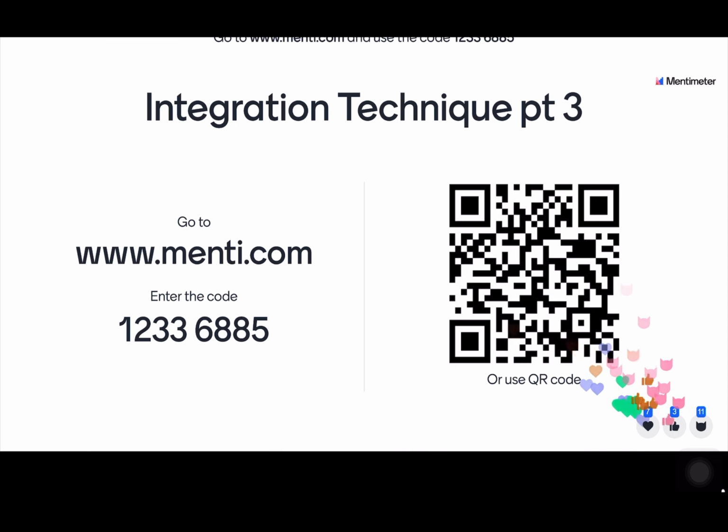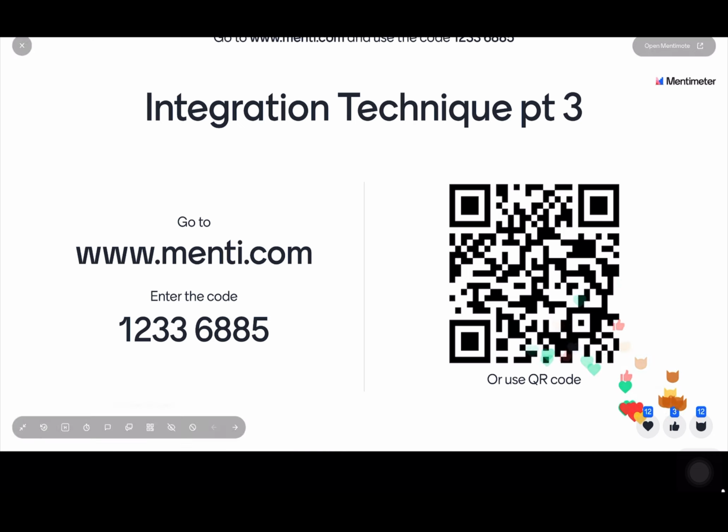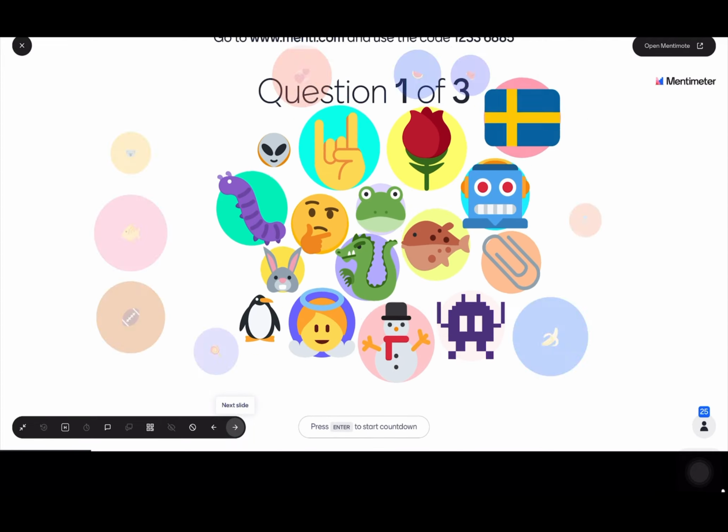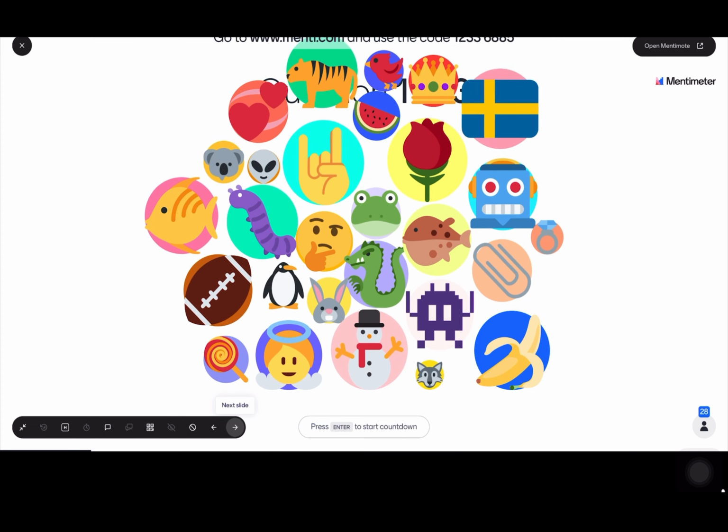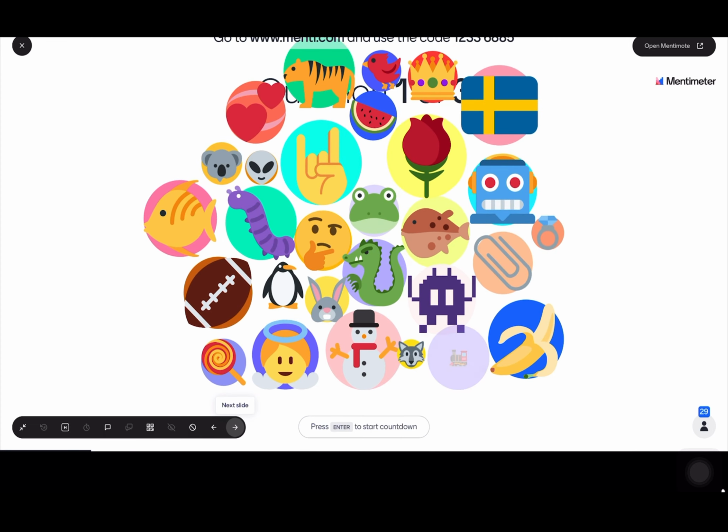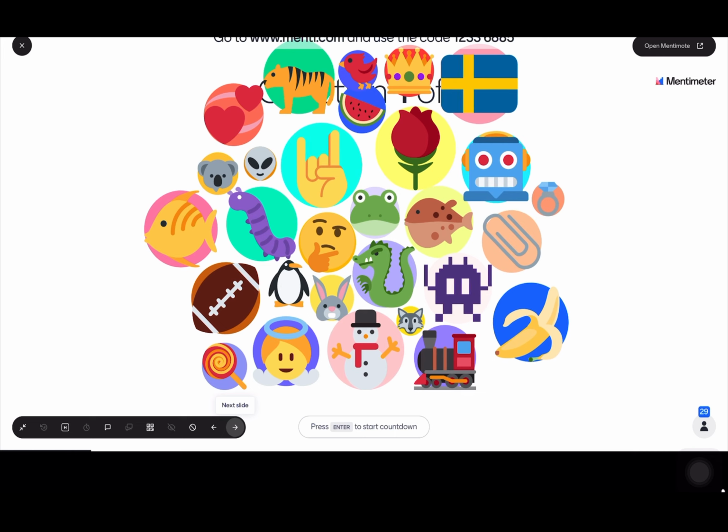Okay, if everyone has already joined, wait, where is this button? Oh, this one. I think we can move to the next slide. Then write your student ID or any nickname, but let me know your nickname at the end.